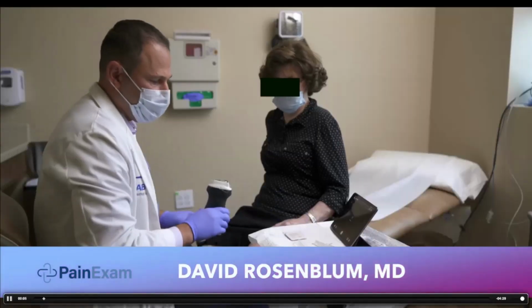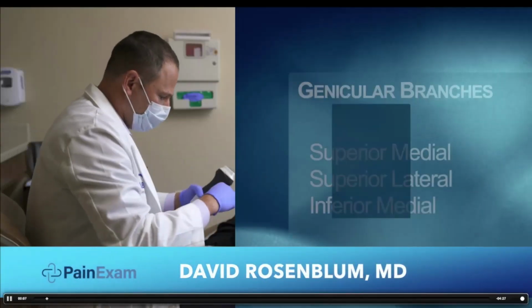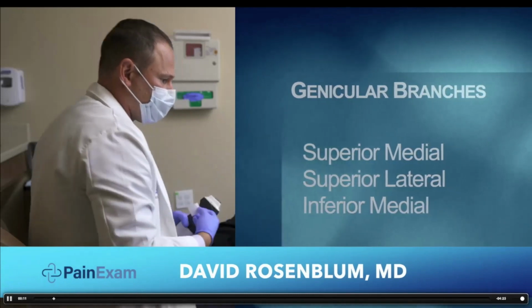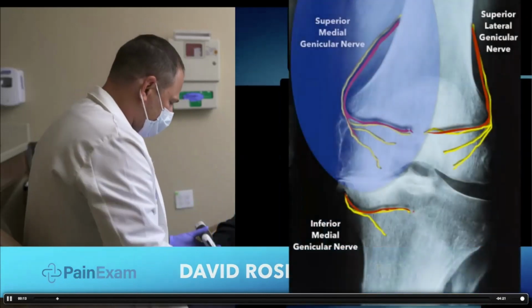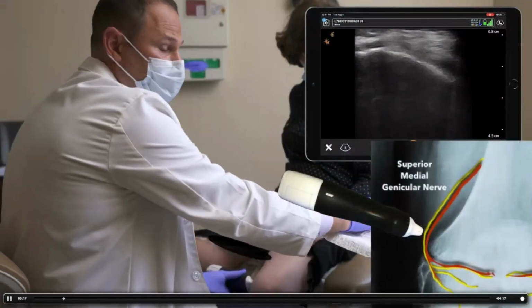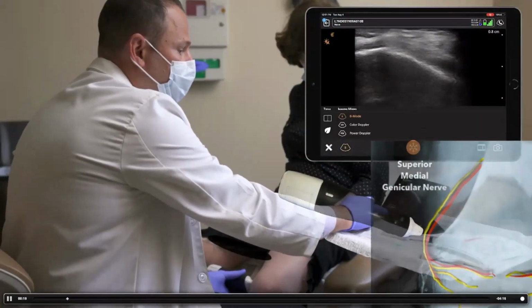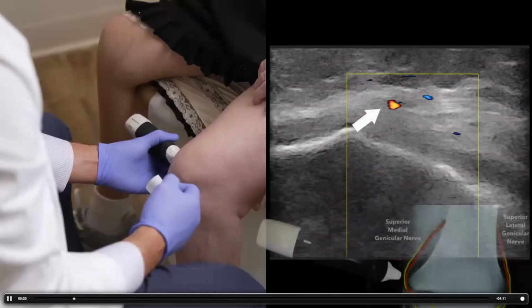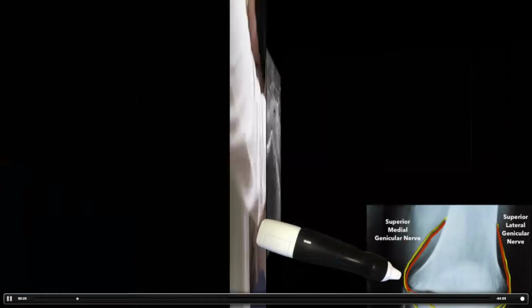We're going to do a genicular nerve block. There are 3 branches: the superior medial, superior lateral, and inferior medial branch. Looking for the superior medial genicular nerve, I scan the medial side of the knee, putting on color Doppler, running along with the artery, close to the epicondyle.